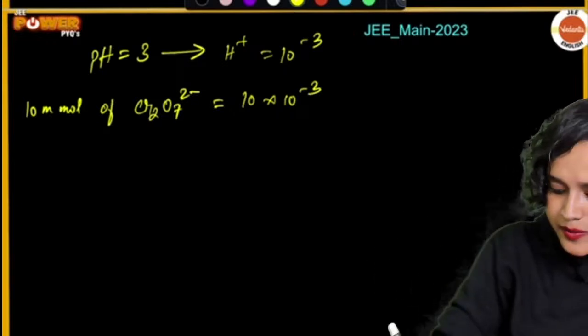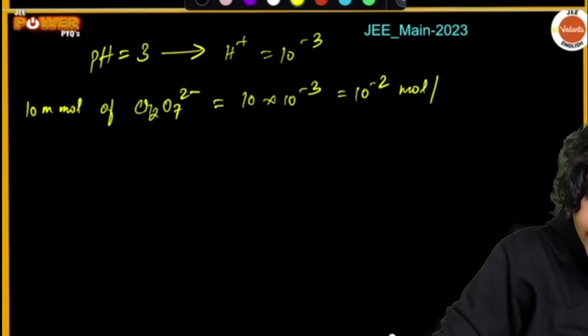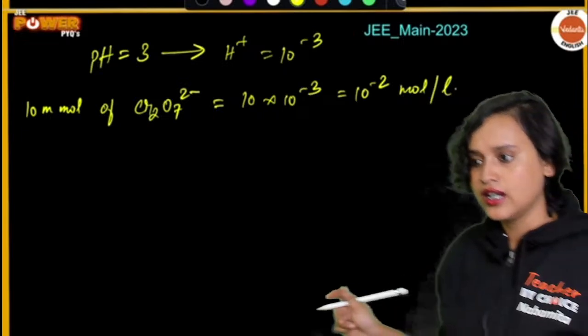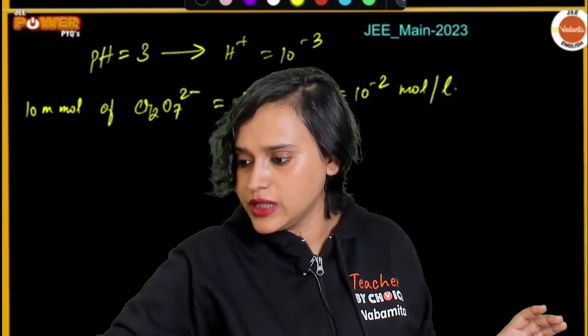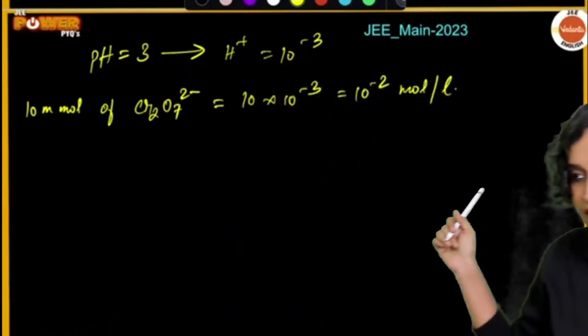That means this is equal to 10 to the power minus 2 mole per liter. Am I right? Very good, everybody. You guys are understanding? Well done.